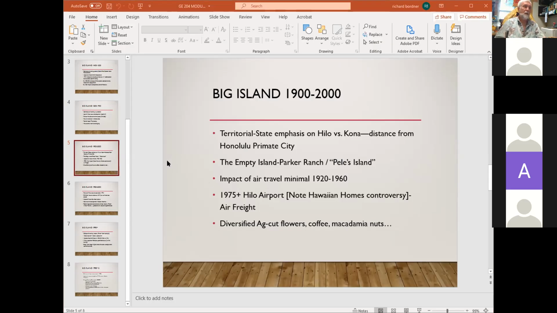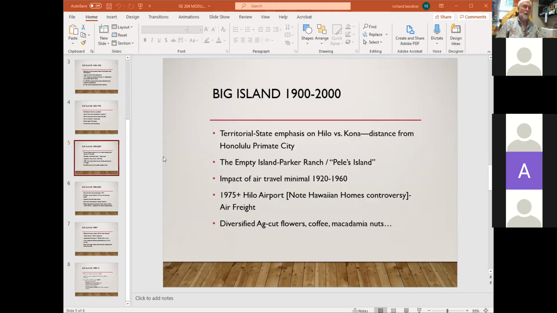Now, what this also means is that despite the fact that inter-island steamers are a big thing, 19th to 20th century, and air travel starts up in the early 1920s, the Big Island is pretty much off the chart for a very simple reason. If you look at even into the 1950s, the type of planes that you used, like the DC-3s you can still see flying to Molokai, it's very difficult for those planes to fly from Oahu to the Big Island because of the distance.